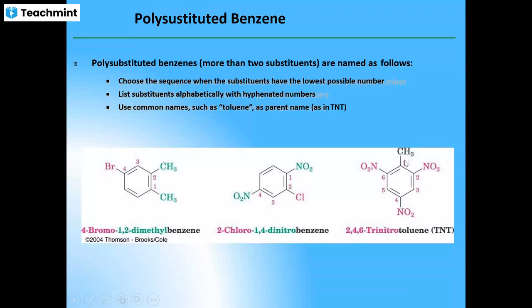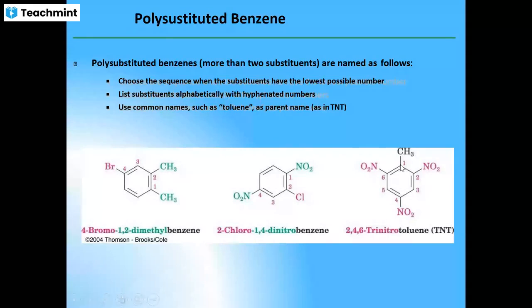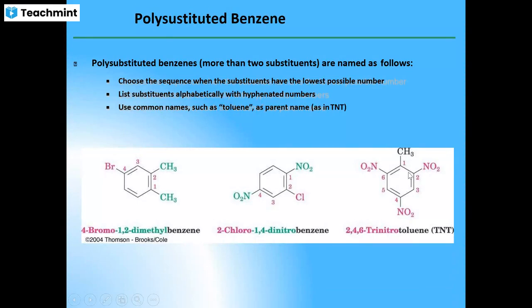The carbon bonded with the CH3 group gets the first number, then you go either from the left side or the right side, and the same numbers will appear. The nitro groups are present at the second, fourth and sixth positions, whether you count from the left side or the right side.